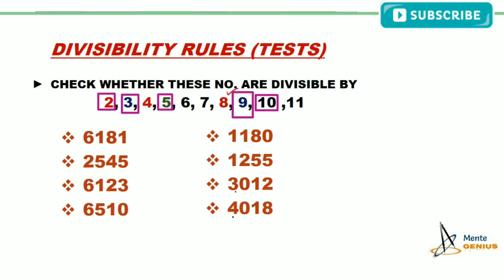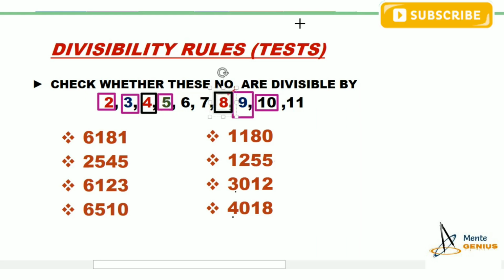First, we will learn what the divisibility test of 4 is. We will learn the divisibility test of 4 and 8 because these are similar. Okay, let me tell you the divisibility rule.